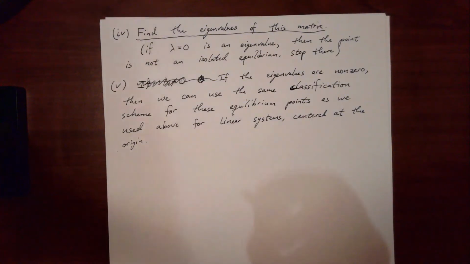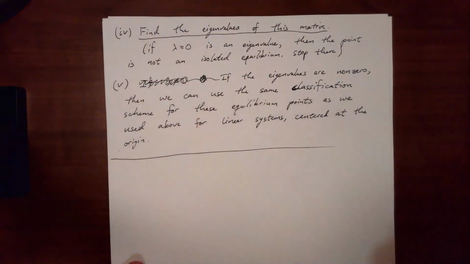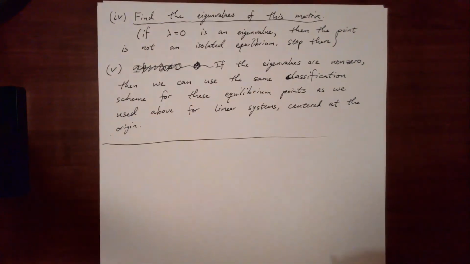All right, so that is our 5-point plan for analyzing the equilibria of these no longer assumed to be linear systems.